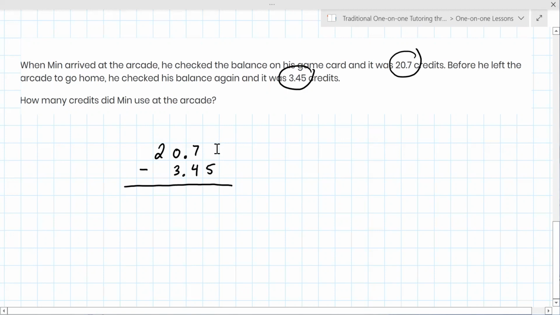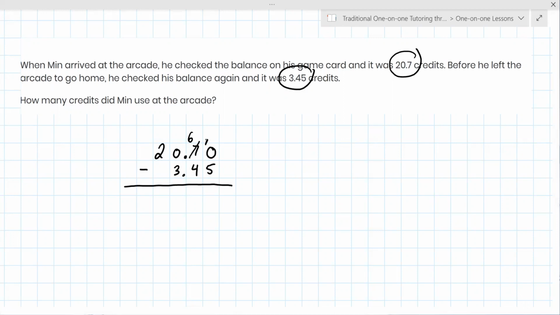A 0. You cannot take 0 and subtract 5 because 0 is smaller than 5. So you have to borrow from the 7. That's right. So the 7 becomes a 6, and you put a 1 above the 0, making 10. Do you feel comfortable trying it from here? Yes. Okay.